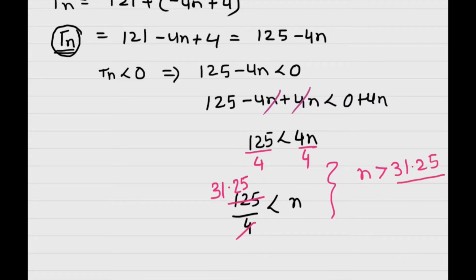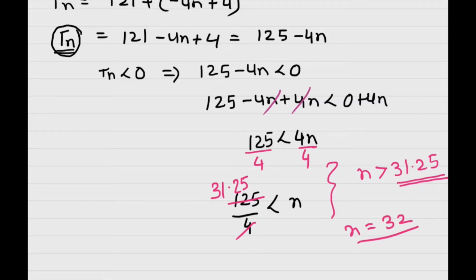And children, you all know that n is never in fraction or in decimal. So here you are getting that your negative term will be greater than the 31st term. So n must be equal to 32.